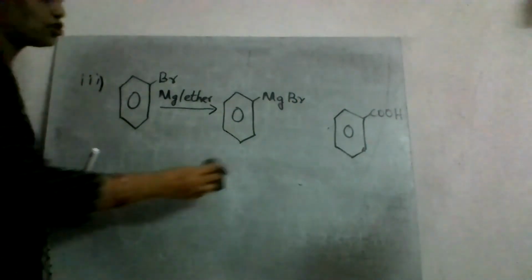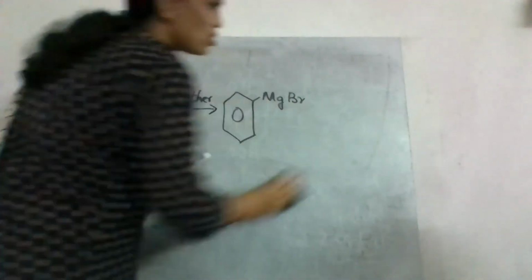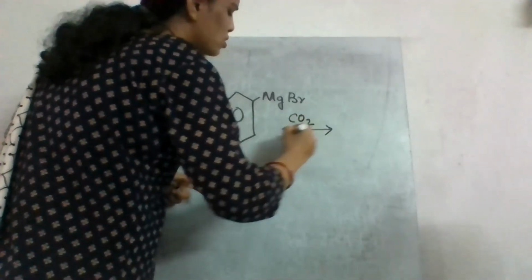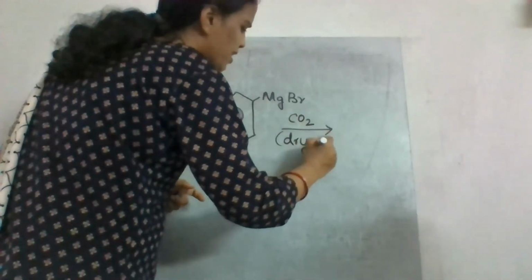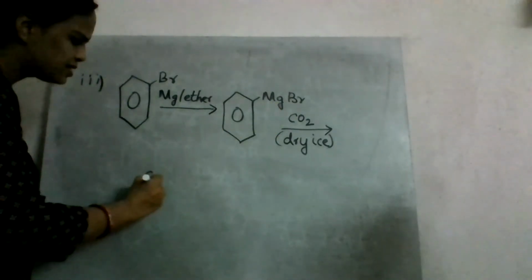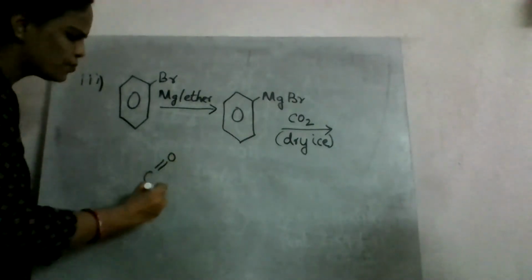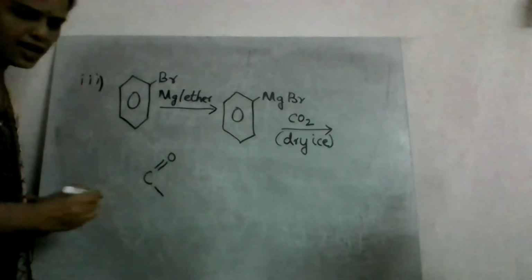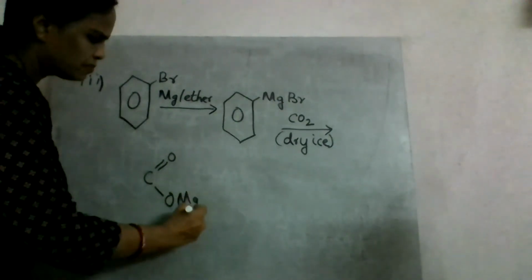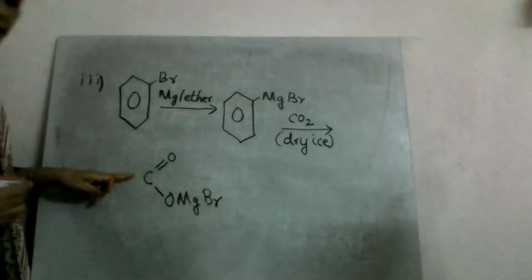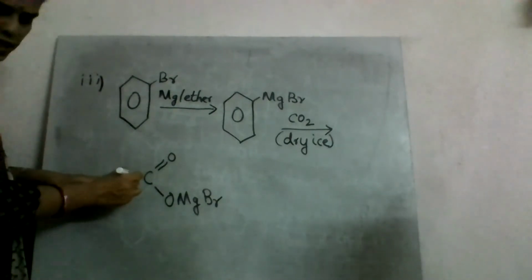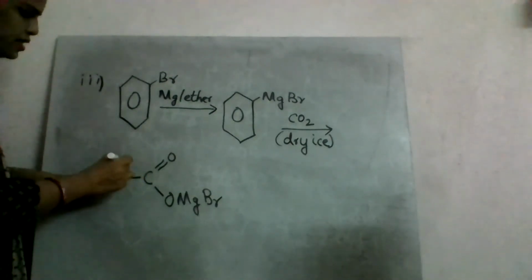This Grignard's reagent is treated with carbon dioxide in presence of dry ether, CO2. This is called dry ice. So in the carbon dioxide portion, C double bond O, to this gets attached OMgBr, and to this carbon gets attached this benzene ring.